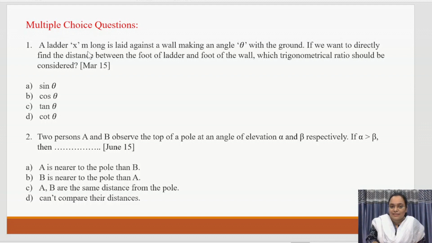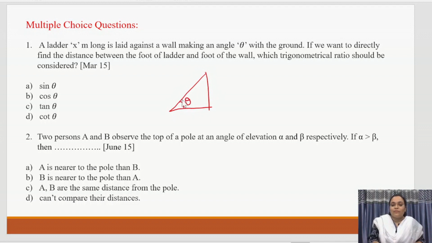A ladder x meters long is laid against the wall, making the angle theta with the ground. You take, this is the wall and this is the ladder, which is against the wall, making an angle theta with the ground. So this is the ground.